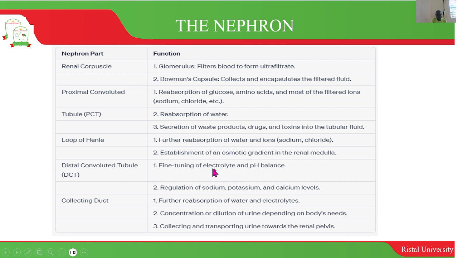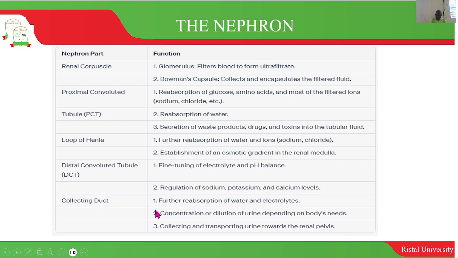We are trying to see, is the amount reabsorbed adequate or is it too much so that others need to be excreted? So this one is like a final check to keep more of the balance in the absorption and reabsorption of certain electrolytes. But more importantly is the regulation of hydrogen ions to keep the pH balance. Number two, regulation of sodium, potassium, and calcium levels is part of the ions we're talking about.